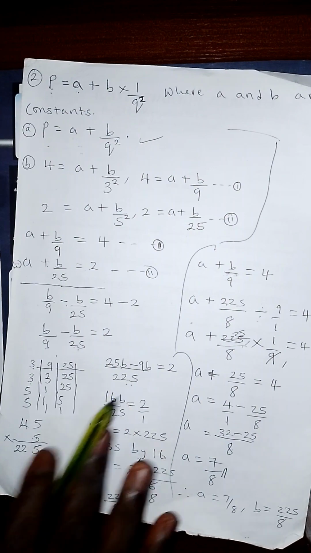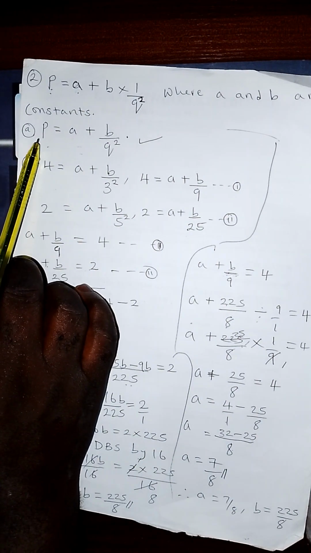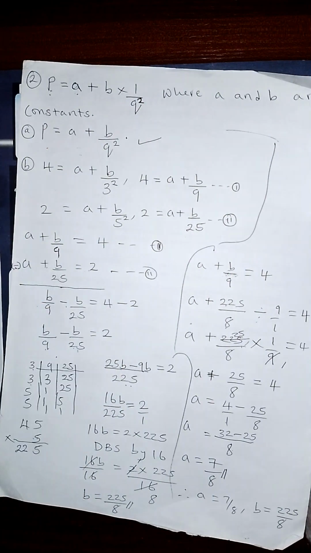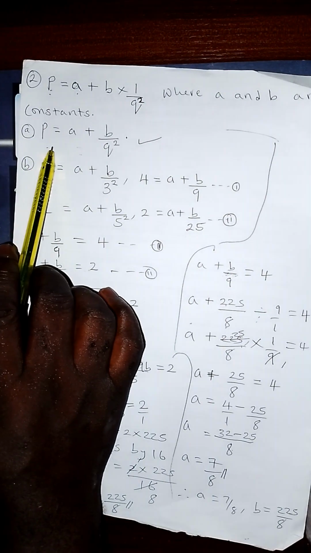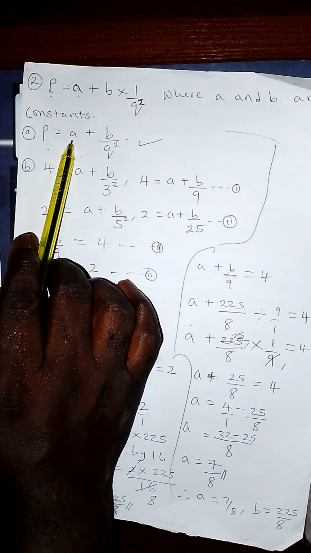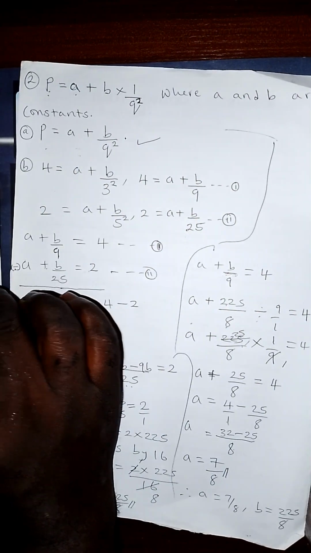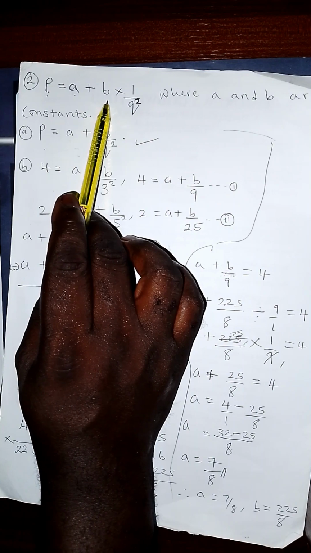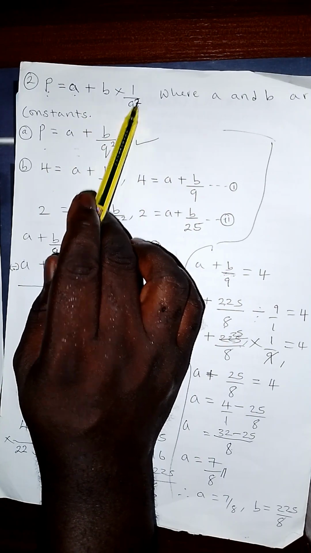Okay, so let me take it here for you. The quantity of P is partly constant. Okay, look at the question here. Quantity of P is partly constant, that's A, and partly varies as the inverse of Q square.